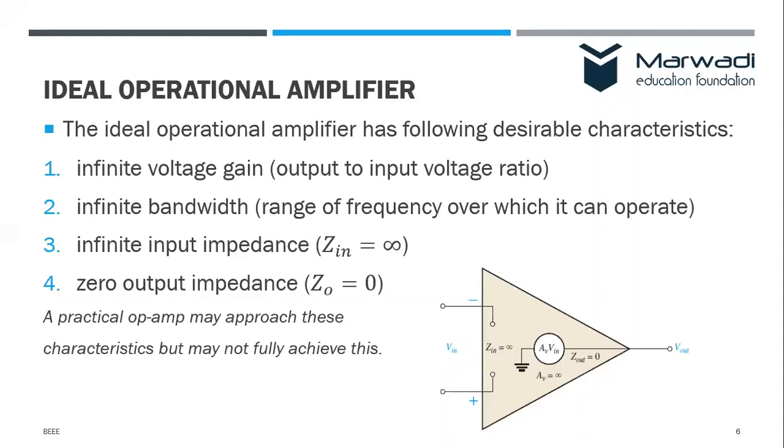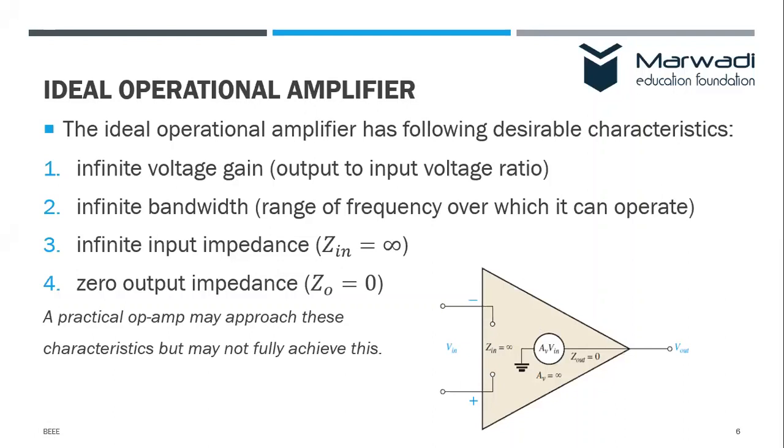It can be even higher. So we deal with different types of frequencies, right? And we want to ensure that over the range of frequency, the op-amp is operating satisfactorily and gives the same kind of response.